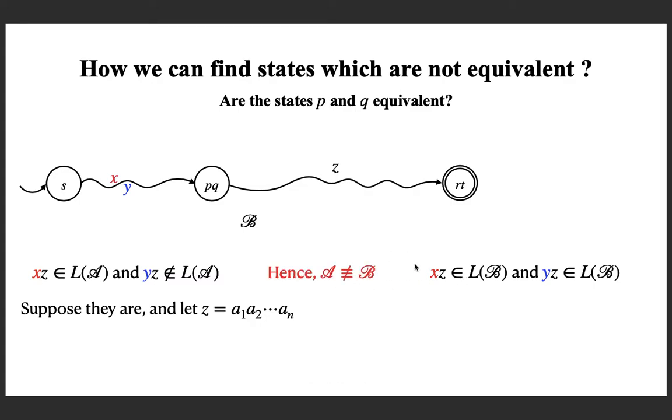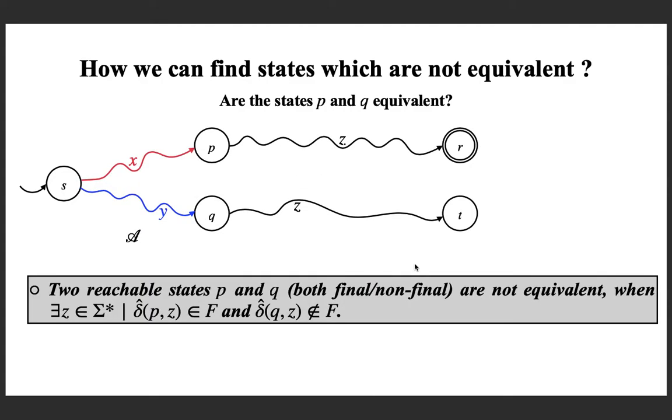Now the observation that you can make from this is that two reachable states P and Q, both final or non-final, even though we discussed it in terms of two non-final states, it works for two final states as well.